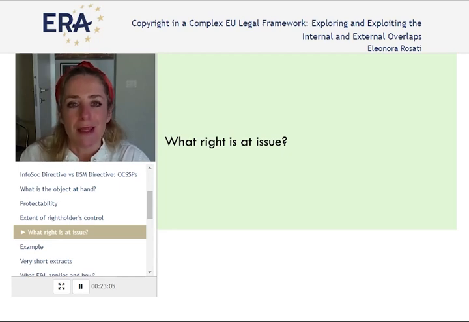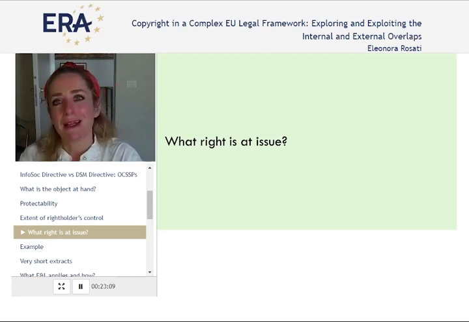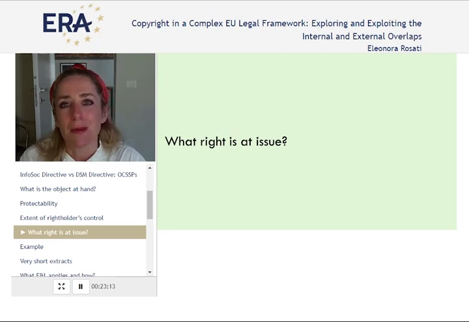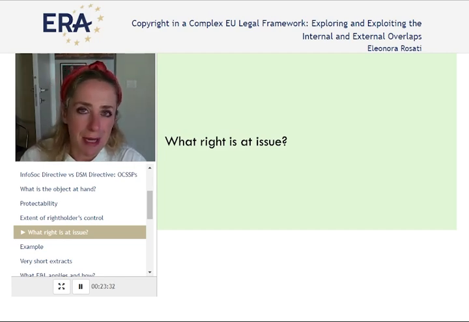So, let's take the divide between copyright works and other types of subject matter, specifically objects protected by related rights. Insofar as the former are concerned, we know from Infopaq that there is a reproduction in part when what has been reproduced is a protectable element of a work, and more specifically, it is an original part.